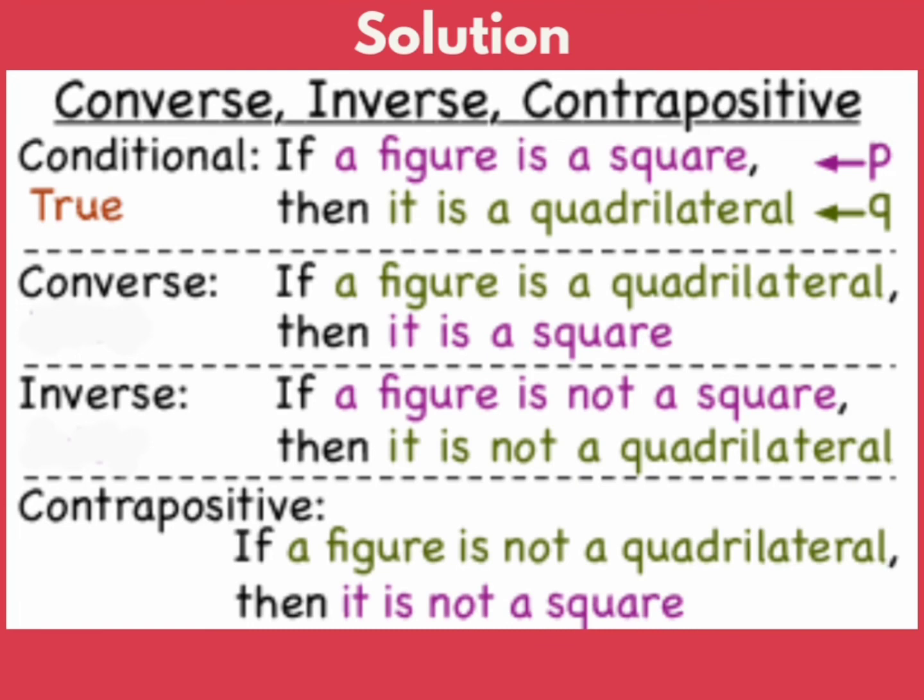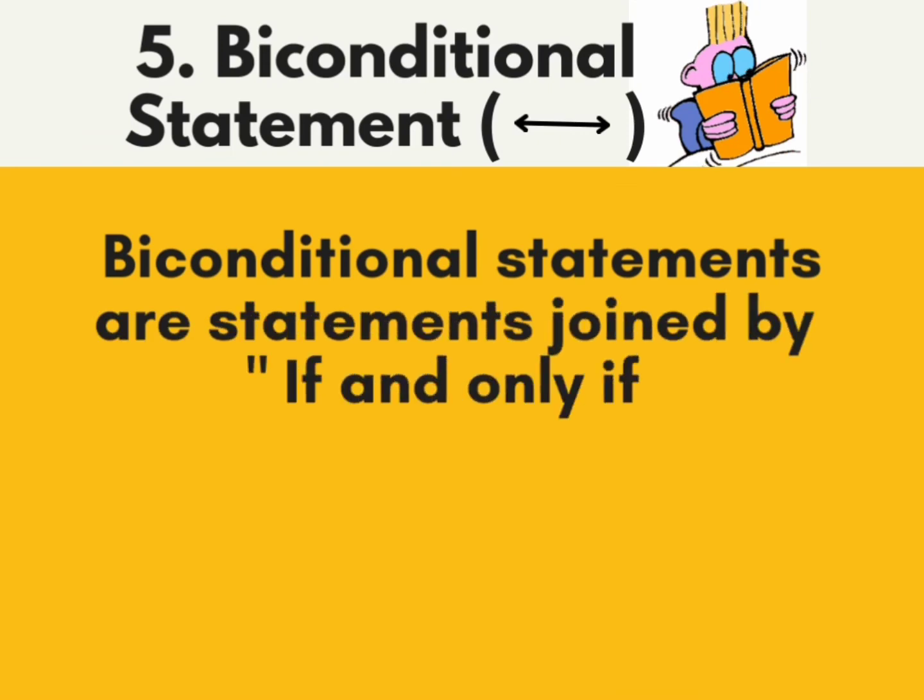Remember that the converse of any statement P implies Q will be Q implies P. The inverse of the statement will be, if a figure is not a square, then it is not a quadrilateral. While the last one is the contrapositive statement.